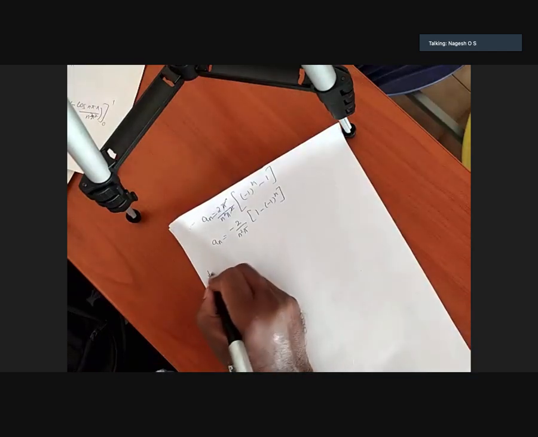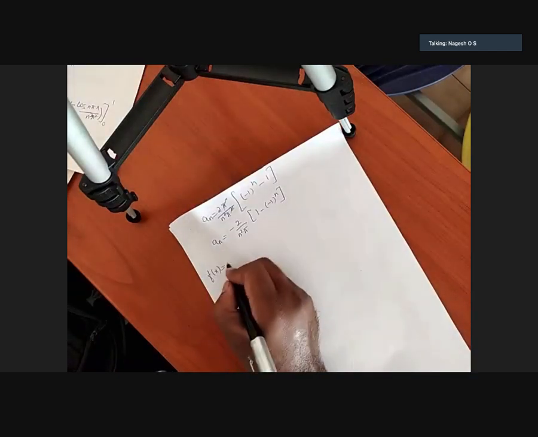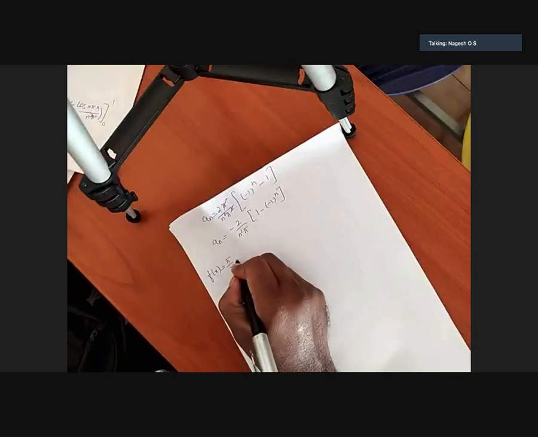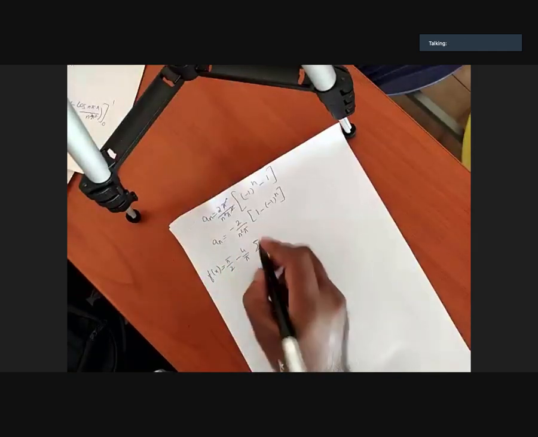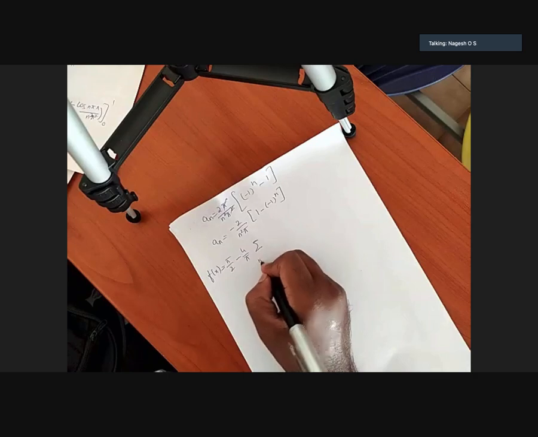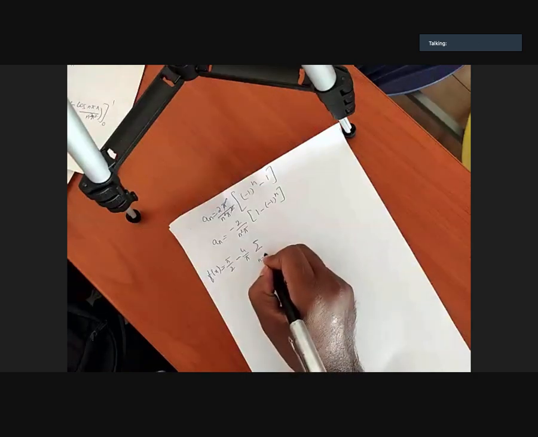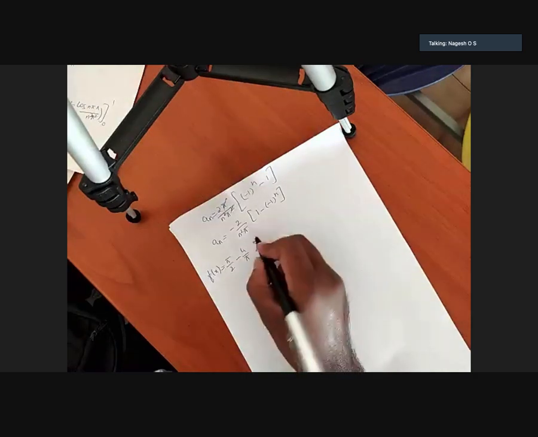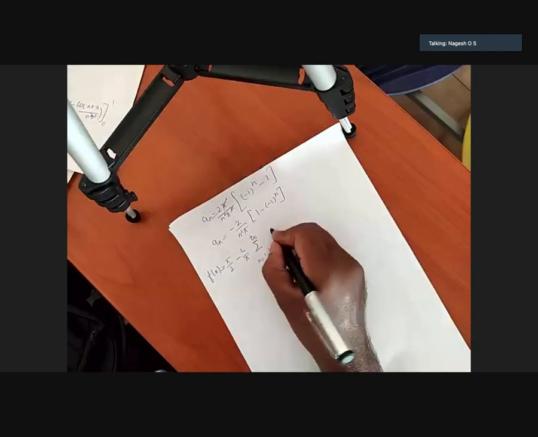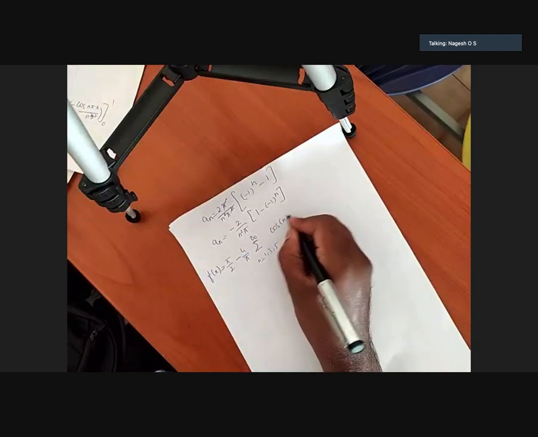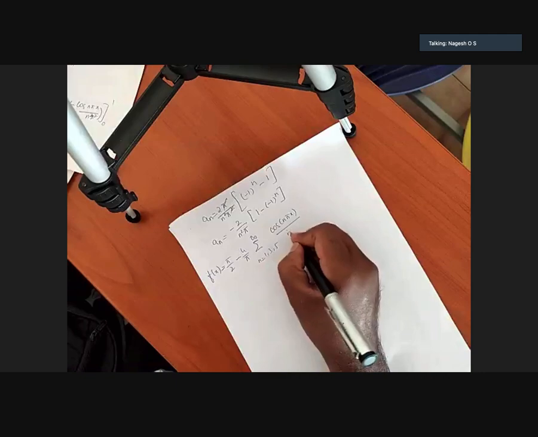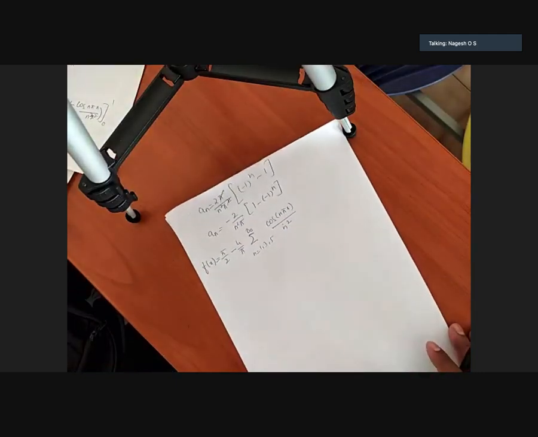Next, f of x equal to pi by 2 minus 4 by pi summation n equal to 1, 3, 5 to infinity cos n pi x by n square. Written directly.